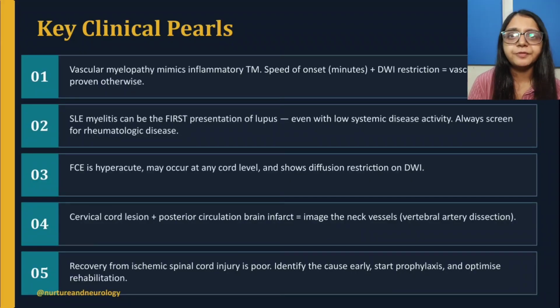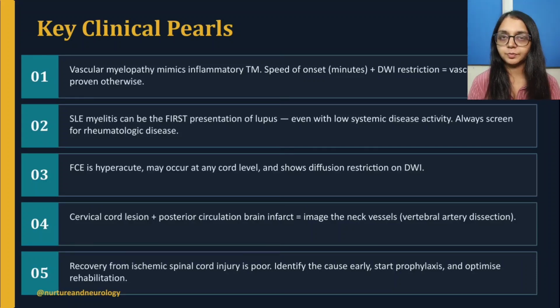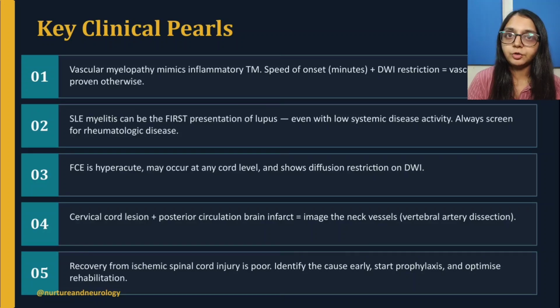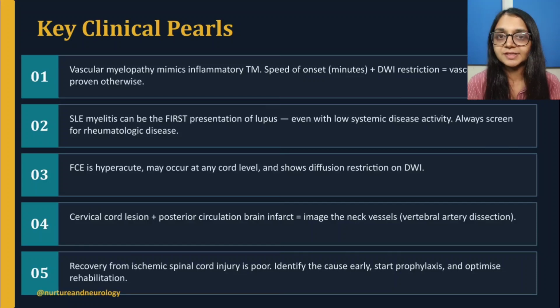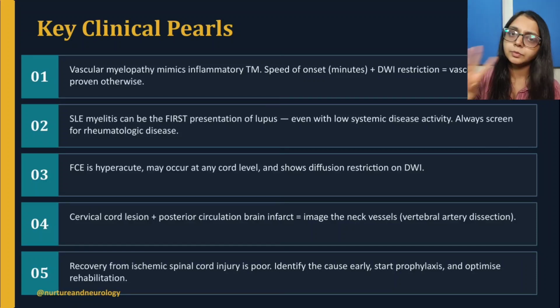Let me leave you with 5 things I want you to walk away with. 1. Vascular myelopathy in children can mimic inflammatory transverse myelitis. Speed of onset and DWI restriction help differentiate. 2. SLE myelitis can be the first presentation of lupus. Always screen for rheumatologic disease in a child with transverse myelitis. 3.